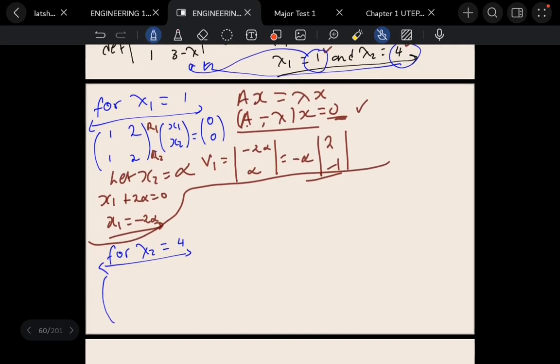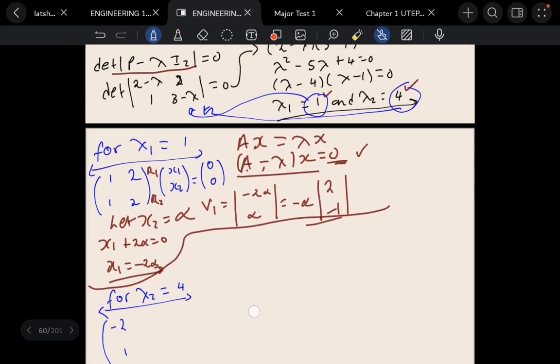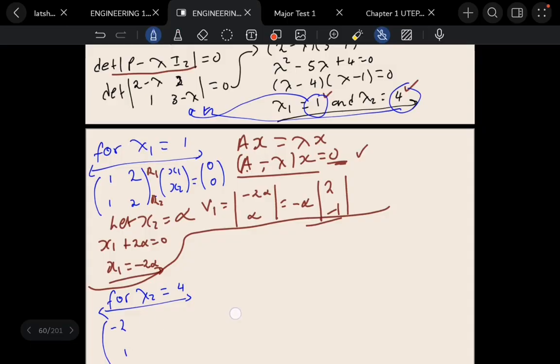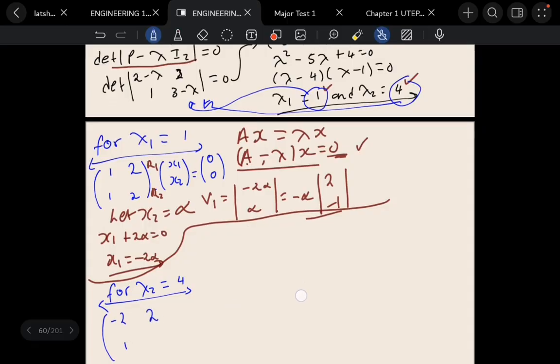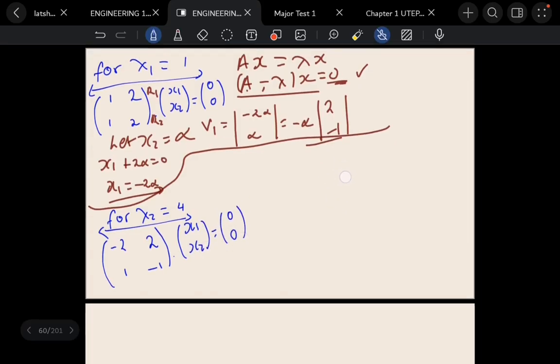Now 2 minus 4 is going to be negative 2, 1, 2, and then 3 minus 4 is negative 1, times x1, x2 is equal to 0, 0, like that.